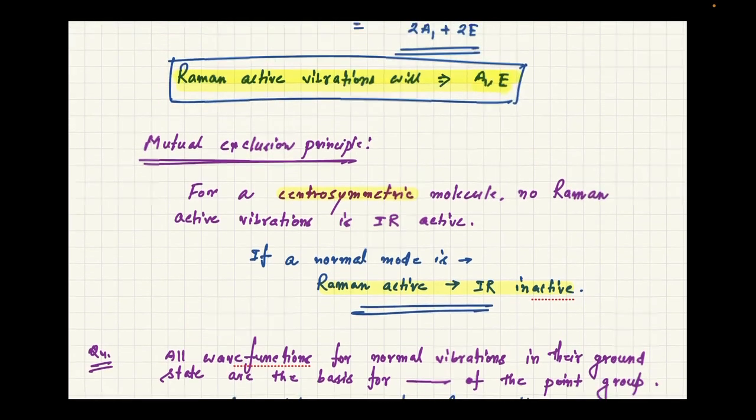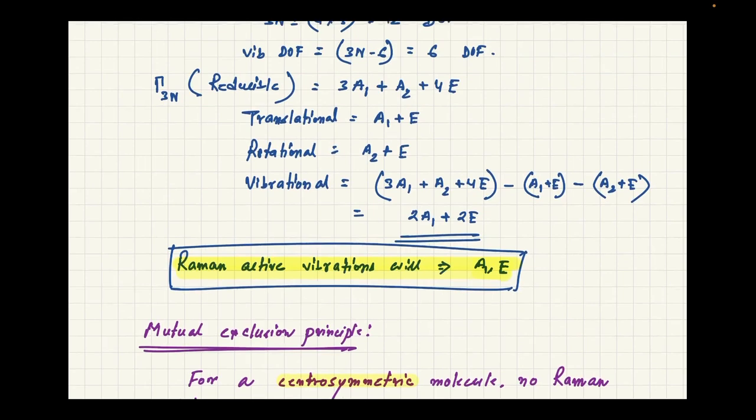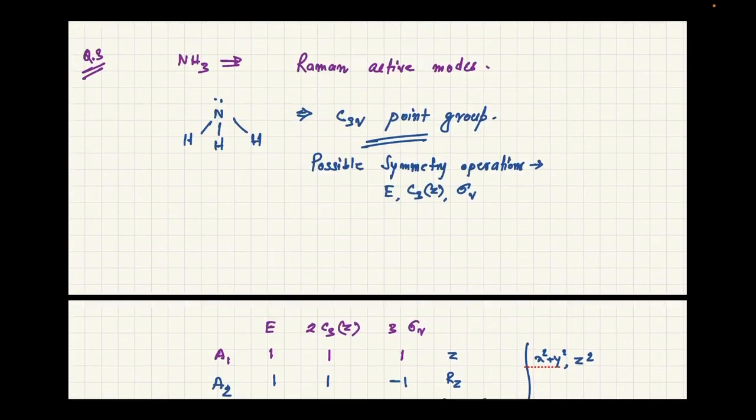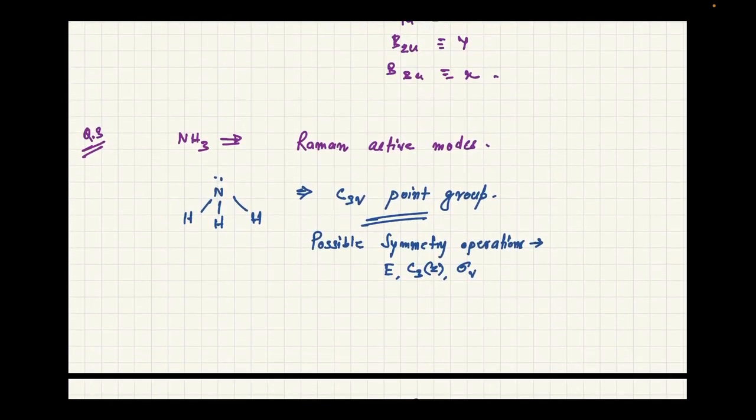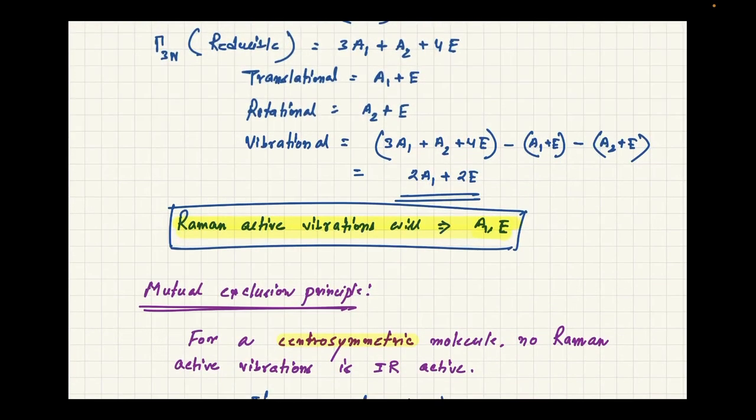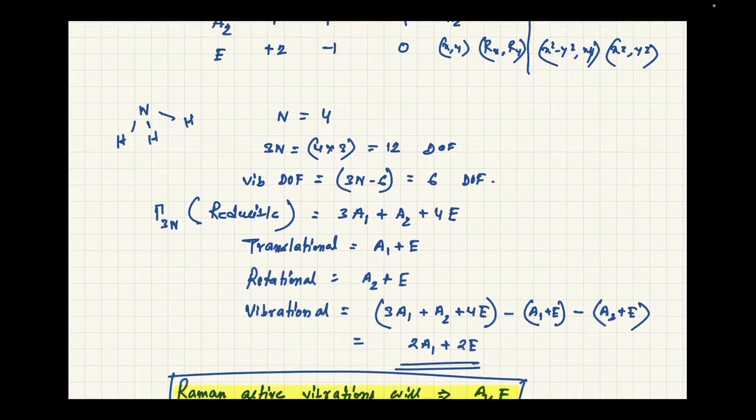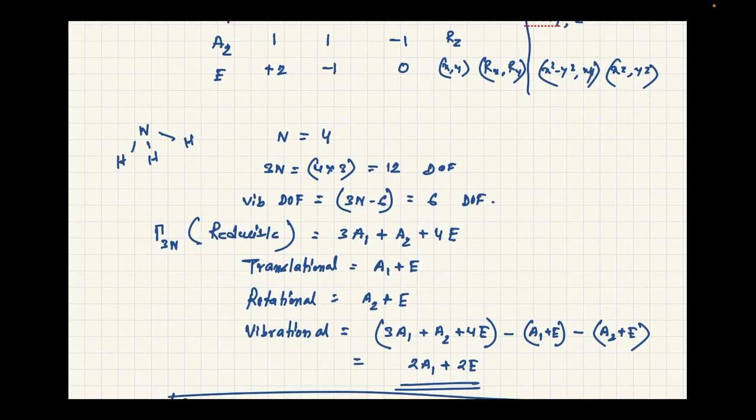So all other questions are basically kind of repetitive. Using basically the same principle, you can do all the assignments. For a particular molecule, you have to find out how many vibrational normal modes there are, and then what the irreducible representations corresponding to those normal modes are, and then which vibrational modes will be Raman active and infrared active.